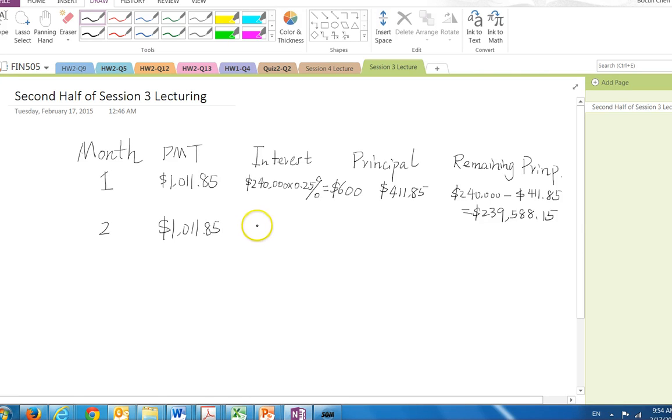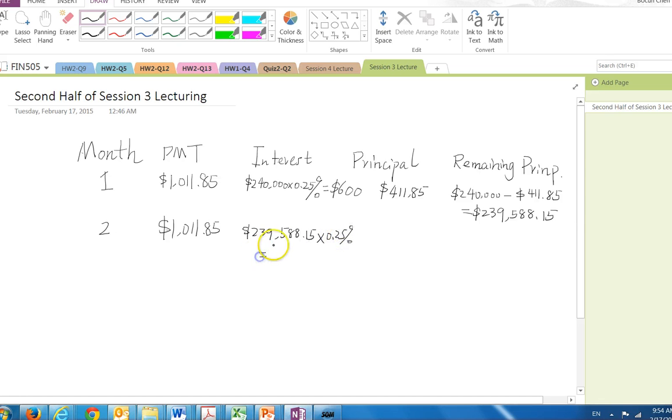So for month 2, the interest should be the remaining principal from month 1 times the interest rate. So that's gonna be 239,588.15 times 0.25%.